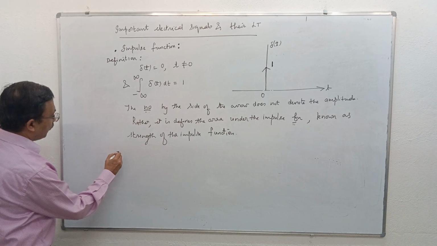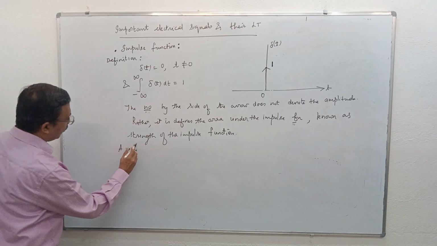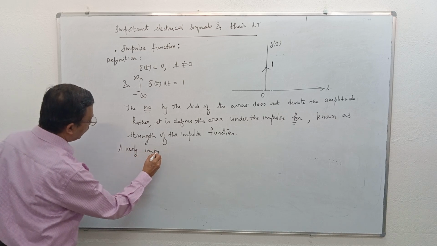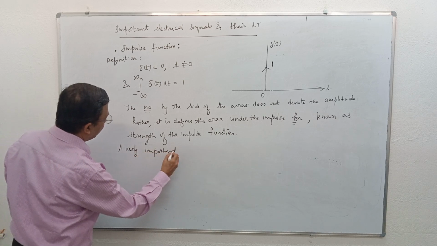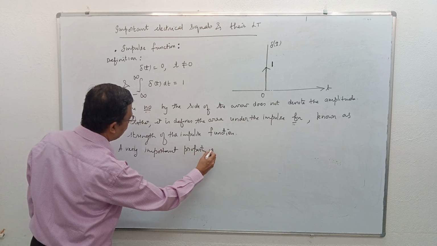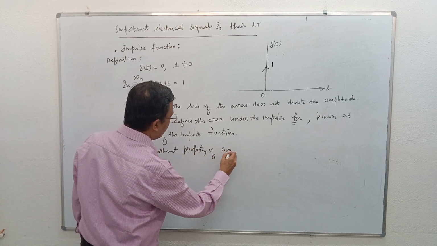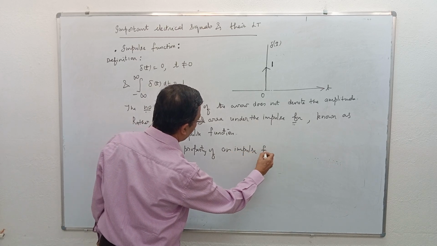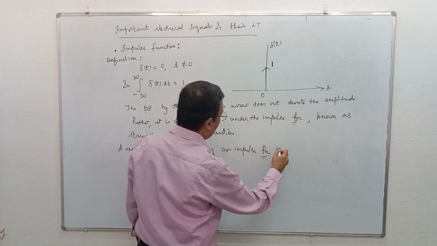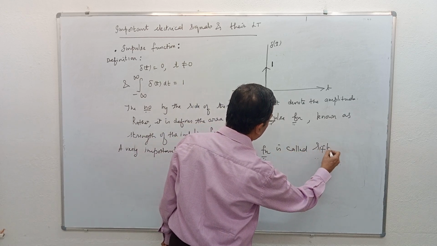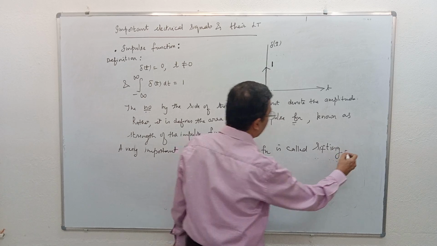A very important property of an impulse function is called shifting property.